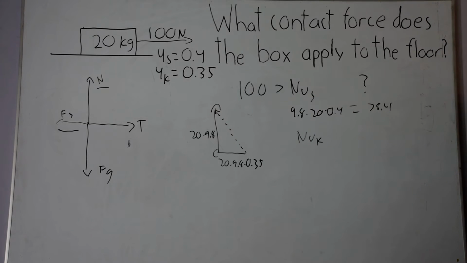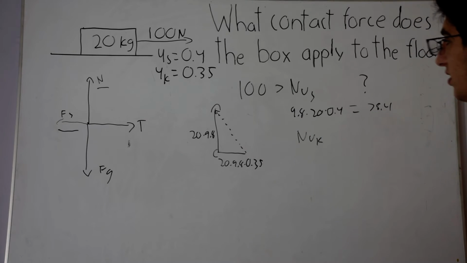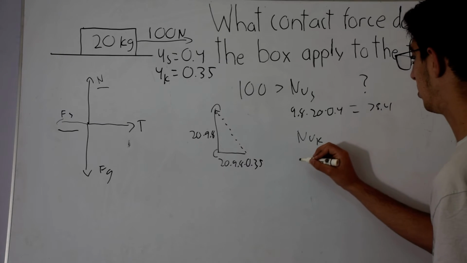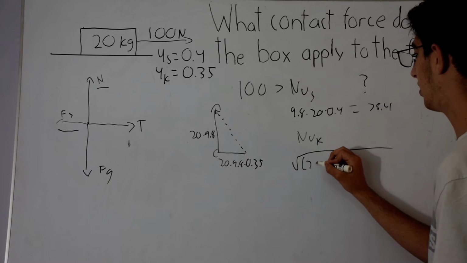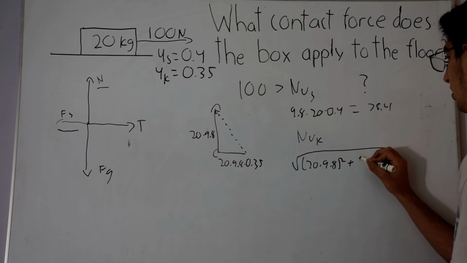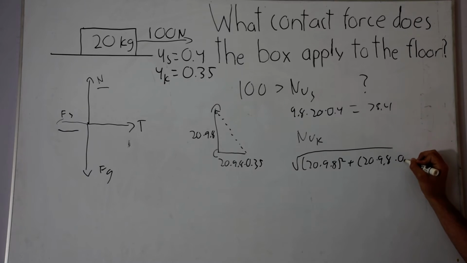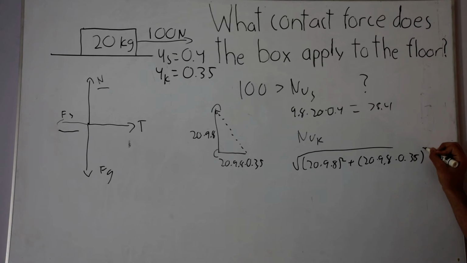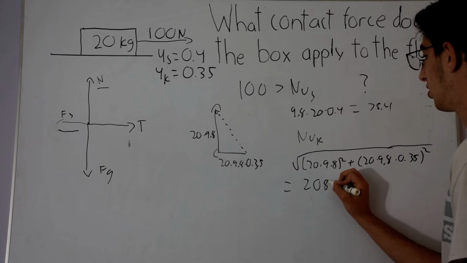So, using the Pythagorean theorem, we can figure out that this side is equal to the square root of (20 times 9.8) squared plus (20 times 9.8 times 0.35) squared, which is equal to 208.